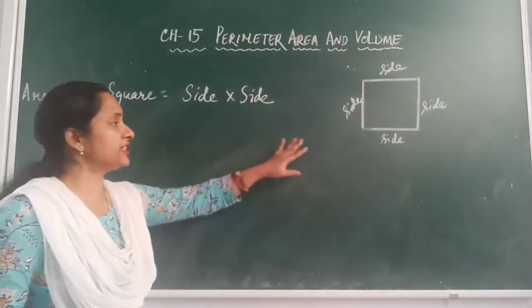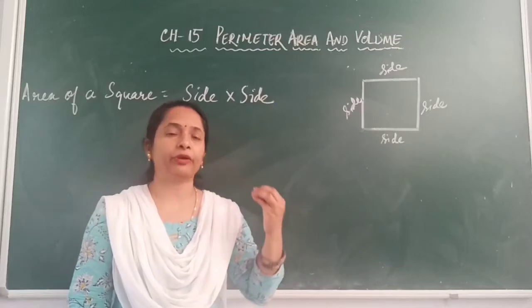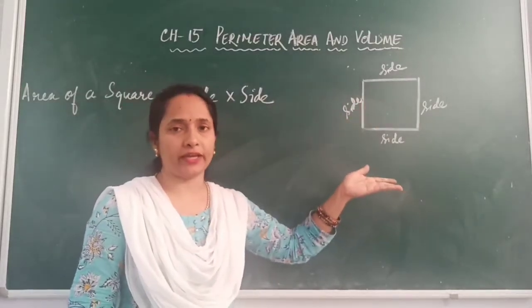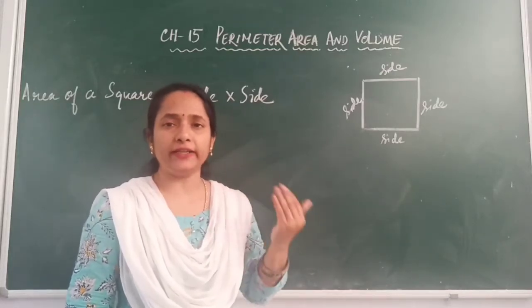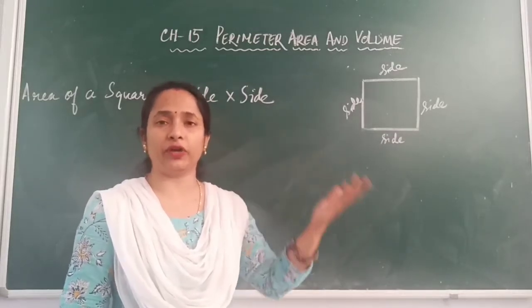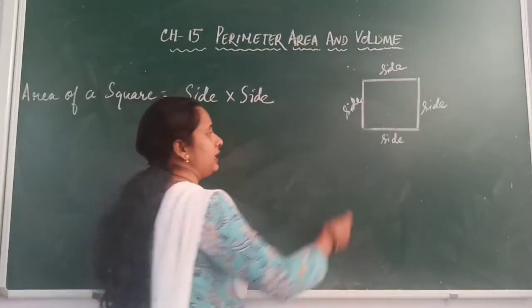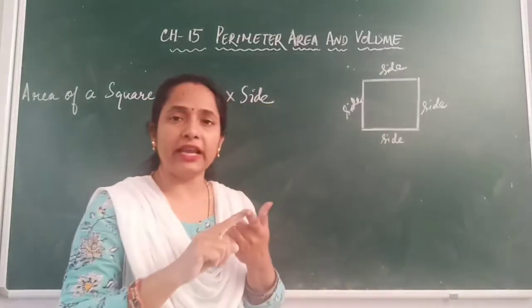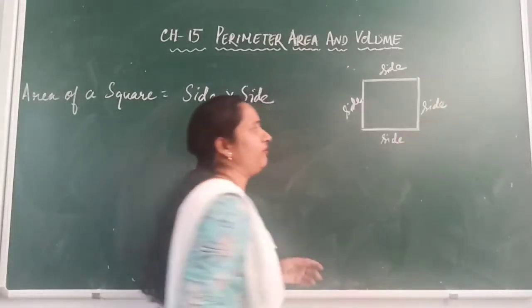The next figure is a square. We all know what the special features of a square are. The property of a square is that the lengths of all the sides of a square are the same. Now if you want to find the area of the square following the same procedure we followed for a rectangle, where we found the area by multiplying length and breadth, here the length and breadth are both the same value.